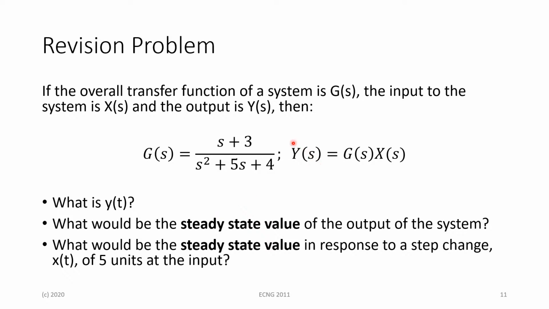Once you evaluate this for the steady state value of the output, when you're mapping this for x of t being a step change of 5 units, you're going to have to find the equivalent x of s on the Laplace transform table. Once you have that x of s, you can substitute it in here and evaluate the limit for the steady state value. For this one in particular, you can assume x of s is just going to be 1.